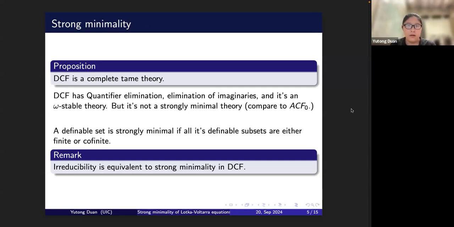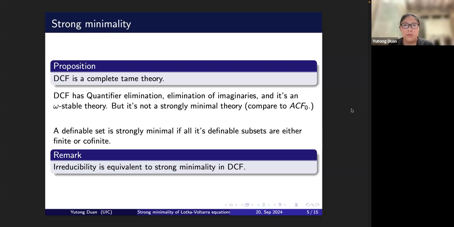For example, it has quantifier elimination. If you are familiar with model theory, you may know what this means, but if not, I can explain later. It also has elimination of imaginaries, and it's an omega-stable theory.